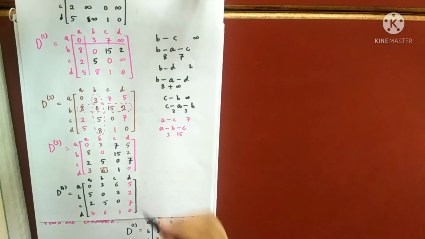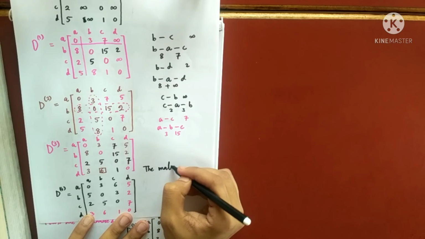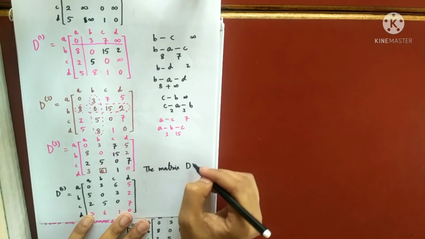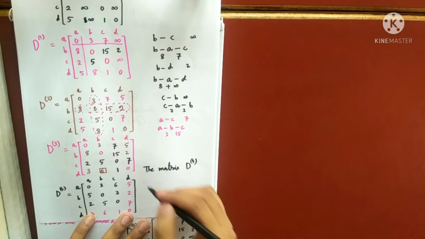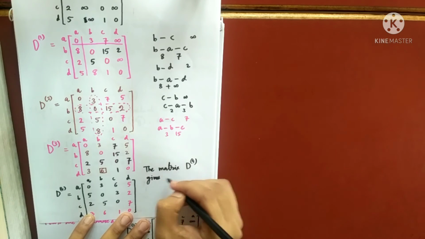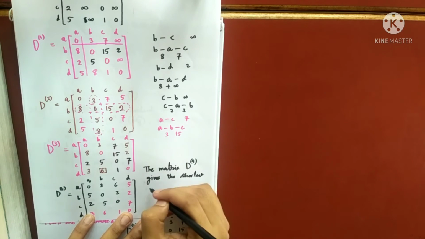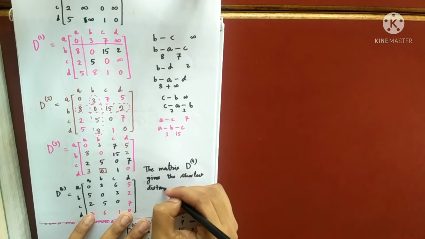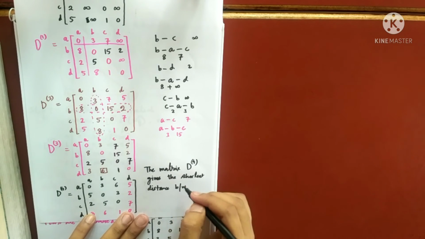So the matrix D4 gives the shortest distance between any two vertices.